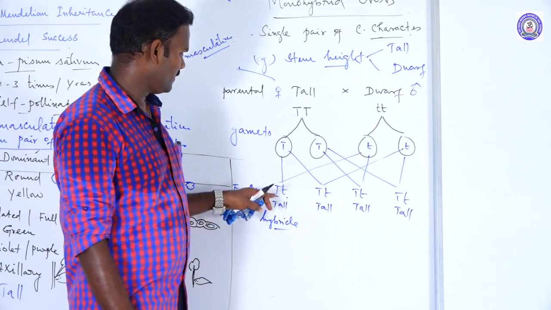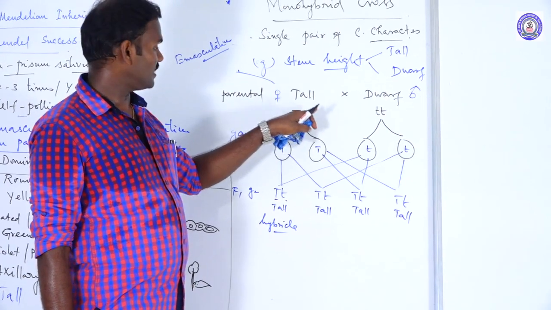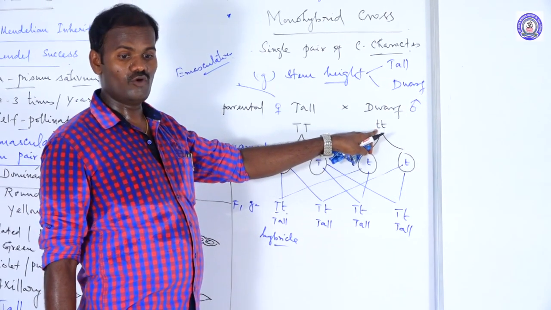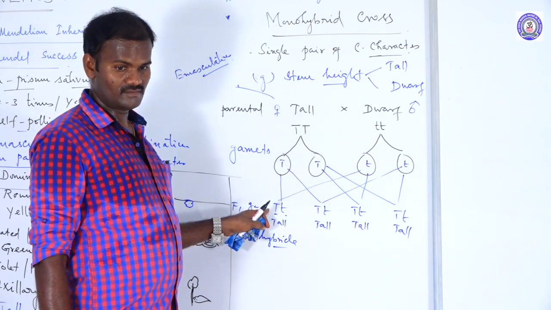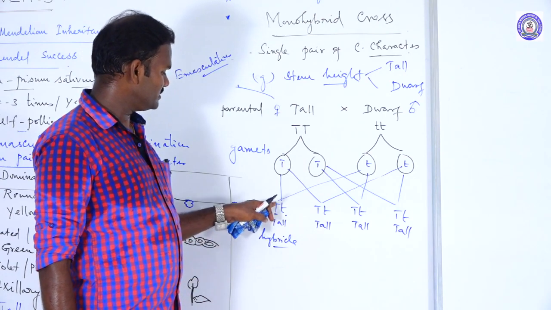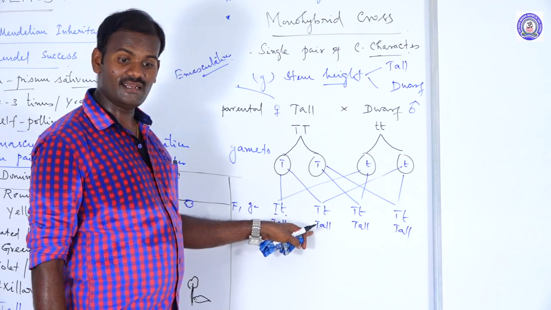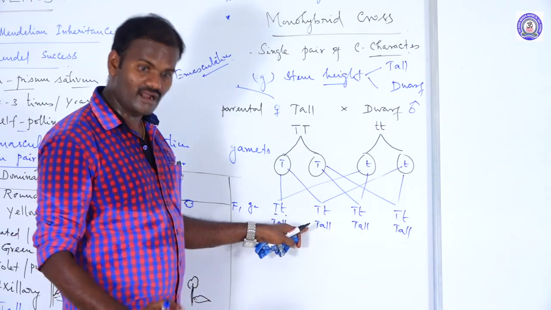Remember, Mendel crossed a pure breeding homozygous tall plant with a pure breeding homozygous recessive plant, but all the F1 are heterozygous. Here capital T, small t are heterozygous. Why do these heterozygous plants show tallness? Because externally all the plants are tall.